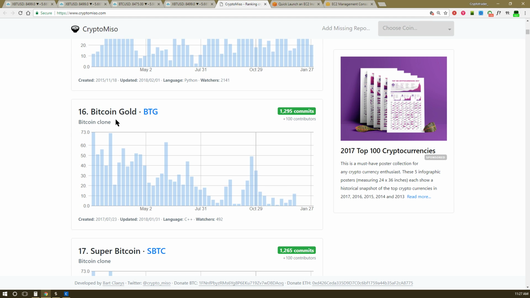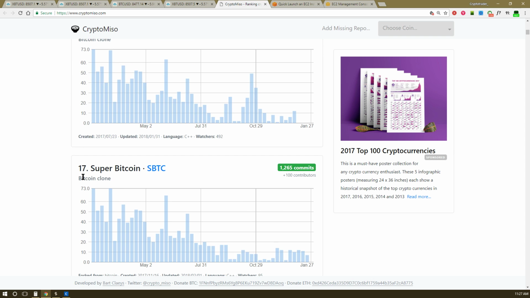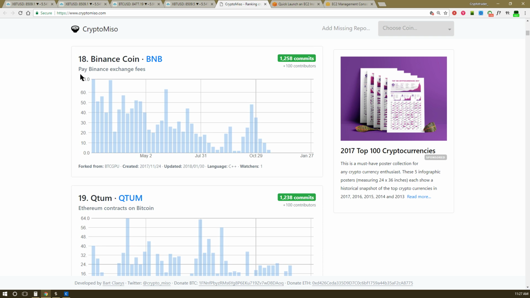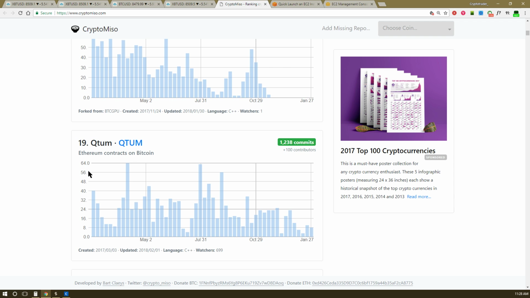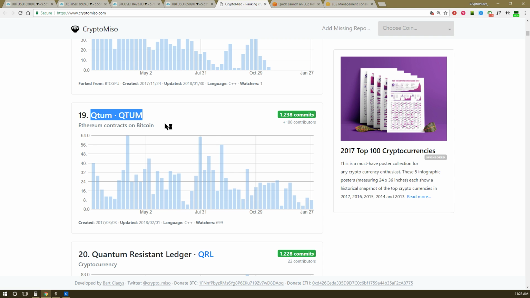All of these are great. This is a Bitcoin clone. I don't know why they're working on it, but they're working on something. Okay, and this is number 17. Bitcoin clones, Binance exchange fees, coin pay Binance exchange fees to BNB. They're working on something, and Qtum, Ethereum contracts on Bitcoin. Look how easy that summed up Qtum for us, man.